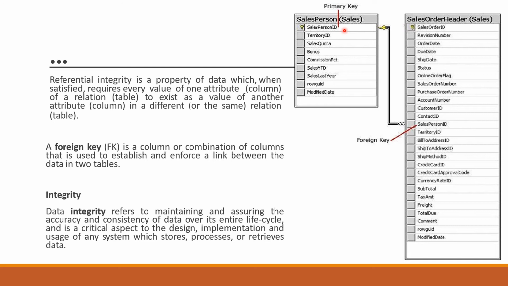Data integrity refers to maintaining and assuring the accuracy and consistency of data over its entire life cycle, and is a critical aspect to the design, implementation and usage of any system which stores, processes or retrieves data.